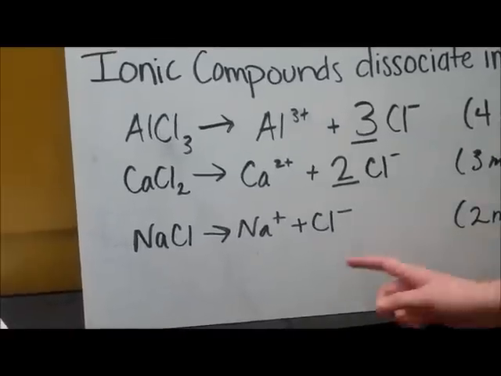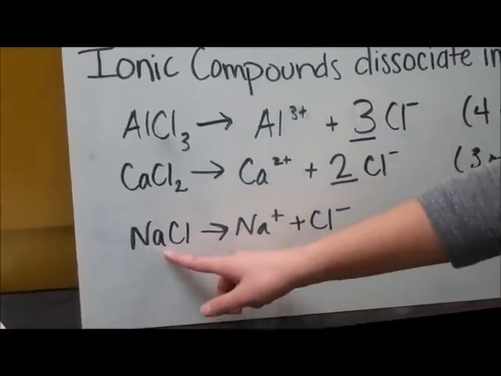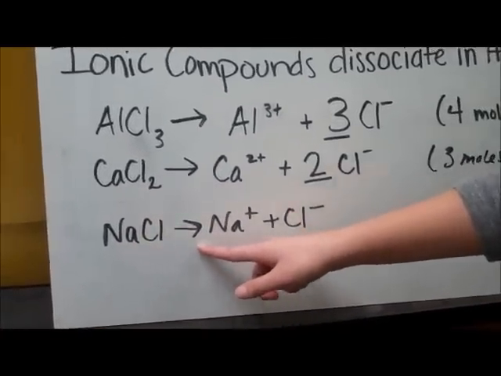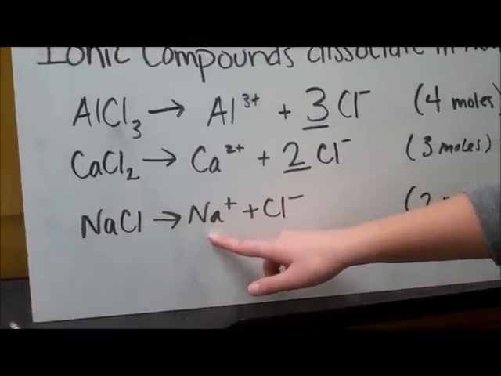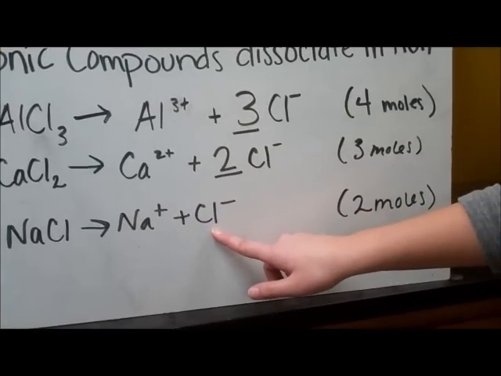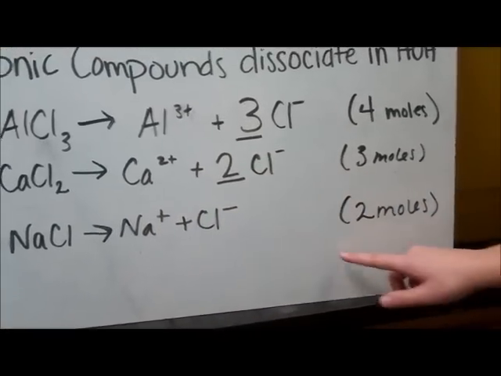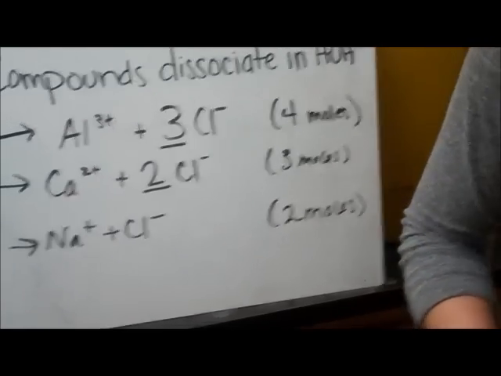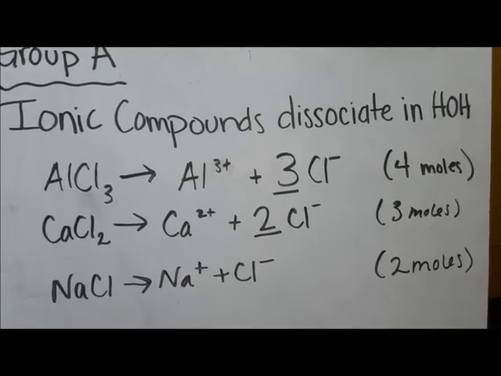In comparison to NaCl, for example, it produces 1 mole of sodium and 1 mole of chloride, which is only 2 moles when it dissociates.